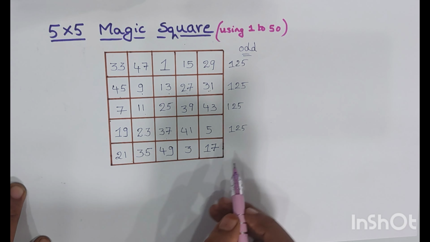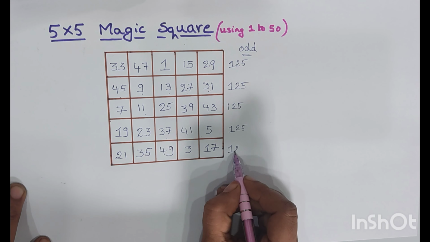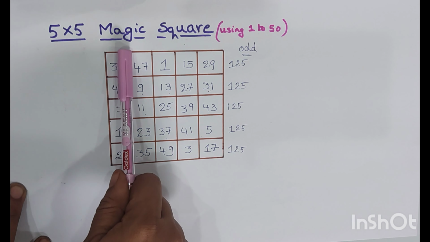Now we will calculate the sum of the 5 columns of this magic square.